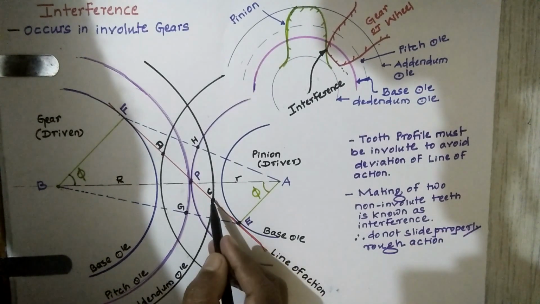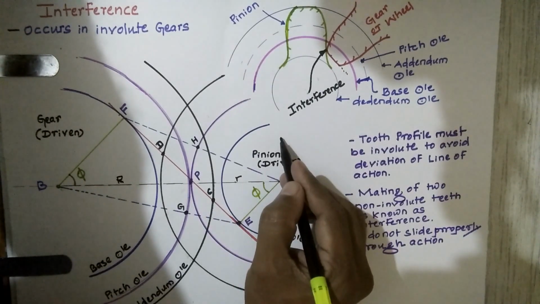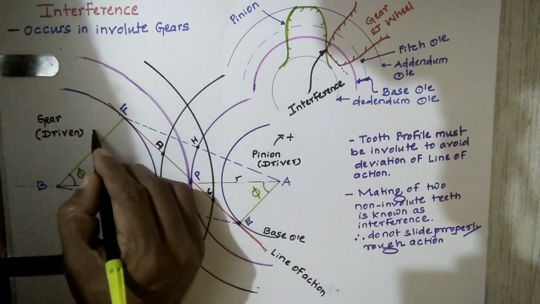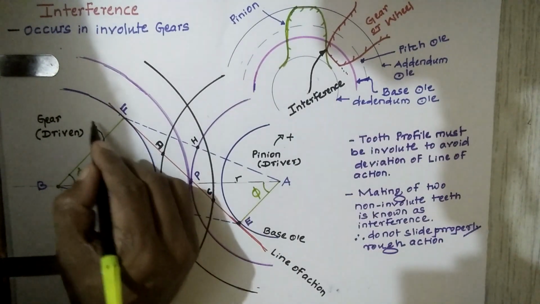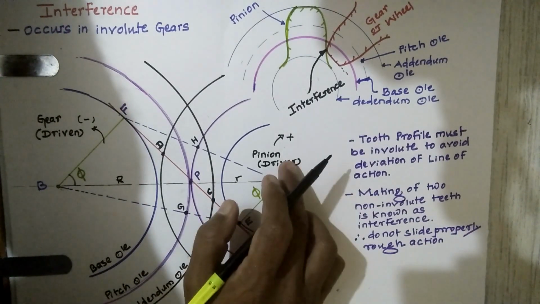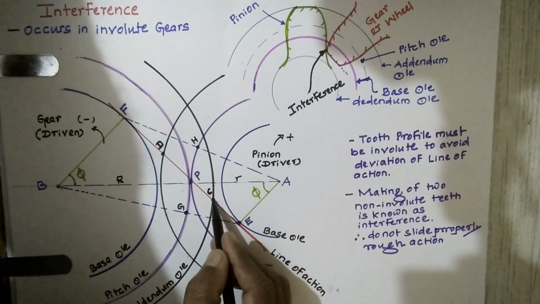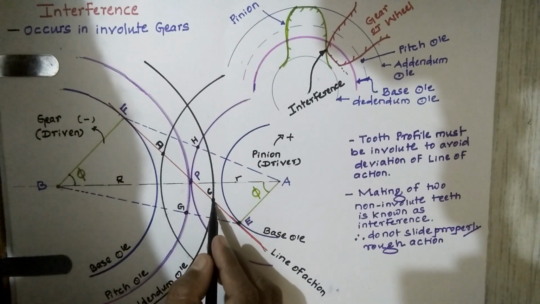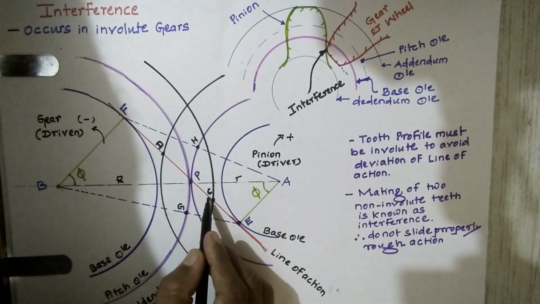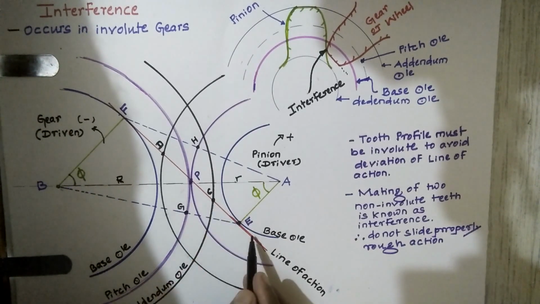Now C is the point of contact, because I have taken this as the driver. If you consider this is clockwise, the other is anti-clockwise, the opposite to that one. This becomes the driver. The point of contact begins from this point only. What is the point of contact? The intersection of the addendum circle of the wheel, or driven wheel, with the line of action.